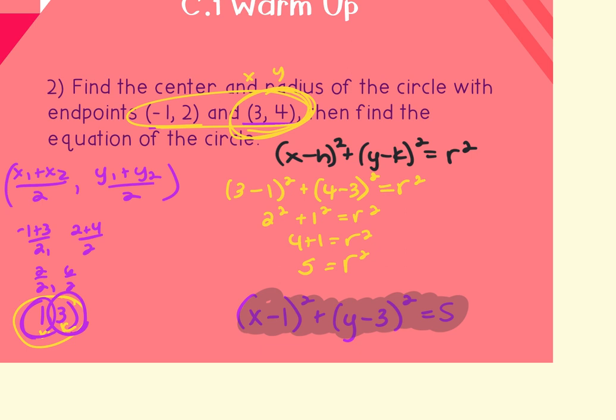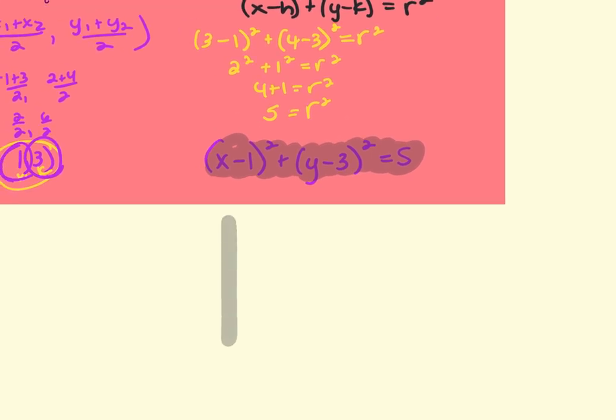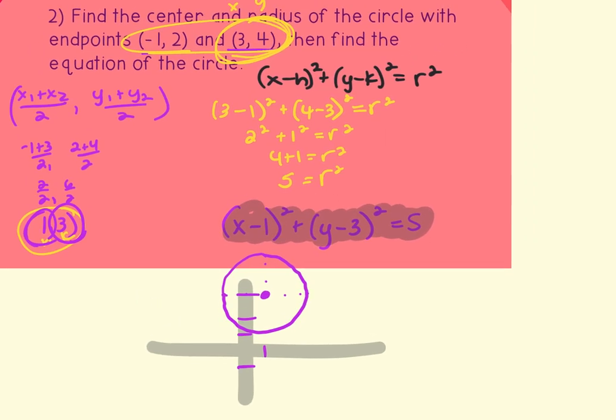So when you're graphing and it's not a perfect square, you're just going to approximate it. But if I was to graph that circle, I would be going to the right 1, up 3, and I'd count 1, 2, a little bit past it, 1, 2, a little bit past it, 1, 2, a little bit past it, and I'd make the circle as best you can.